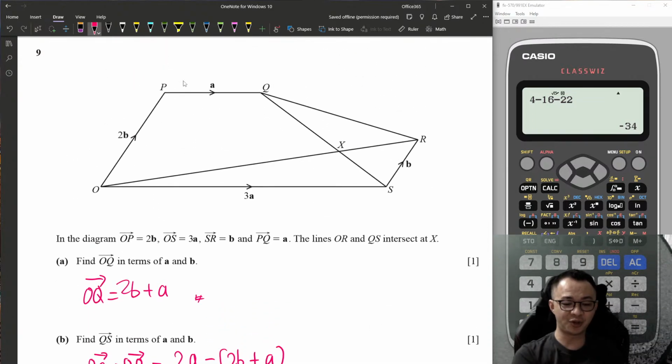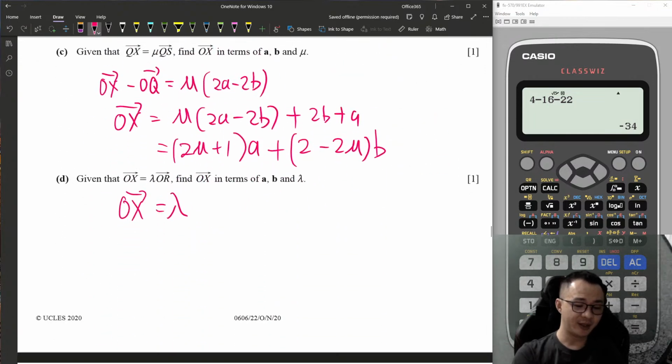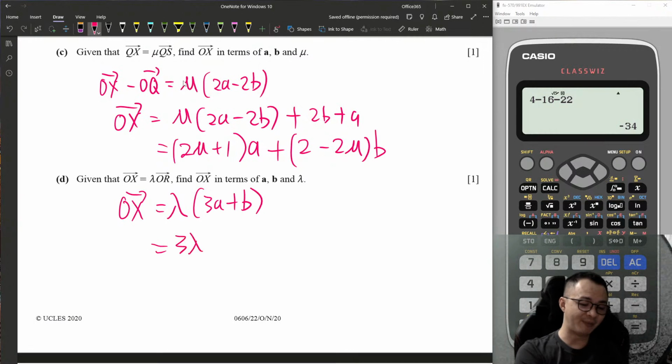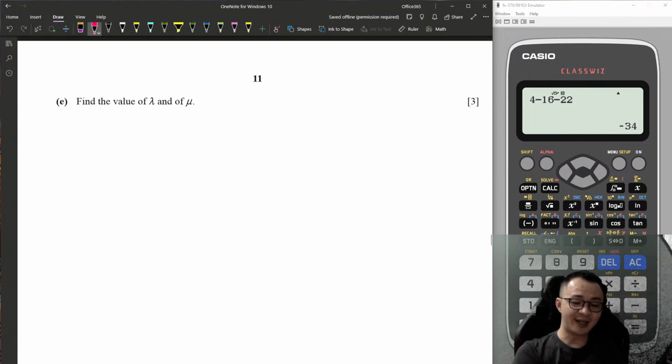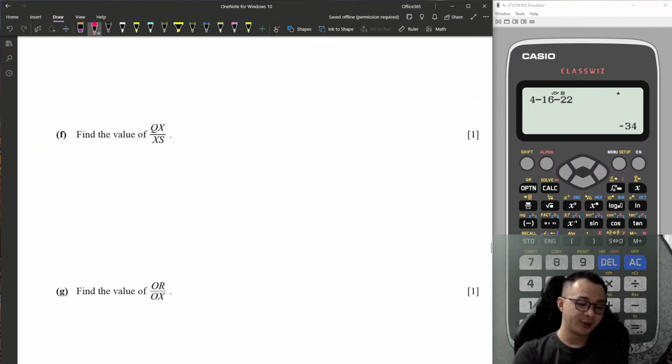O to R is 3A plus B. Okay, it's 3A plus B. 3A plus B. Okay, this is 3A plus B, but I prefer 3 lambda A plus lambda B. Done. Another 1 mark.